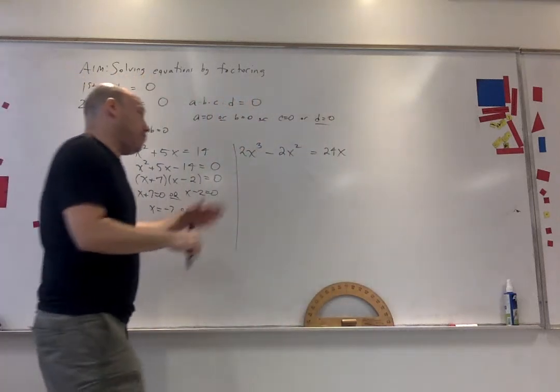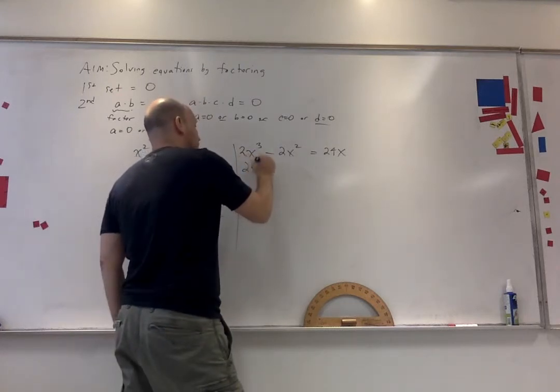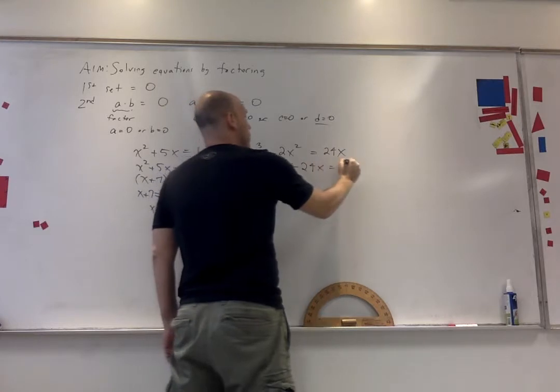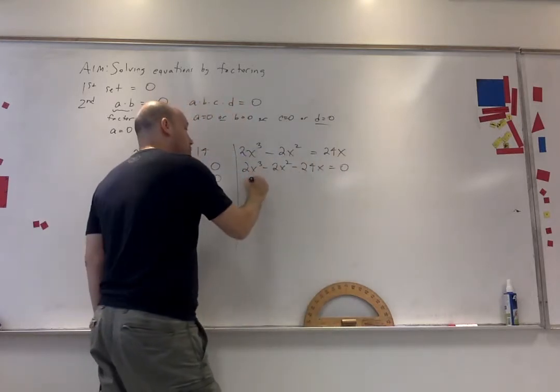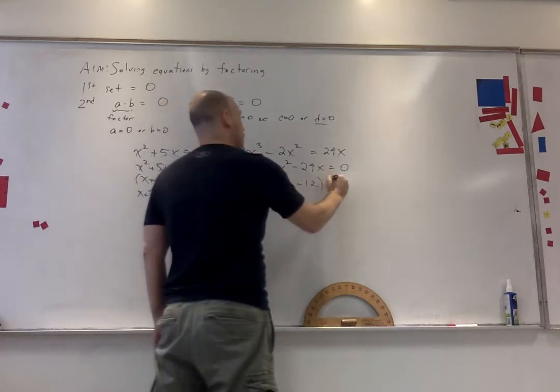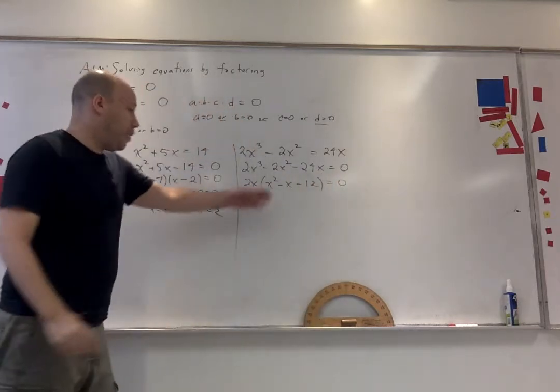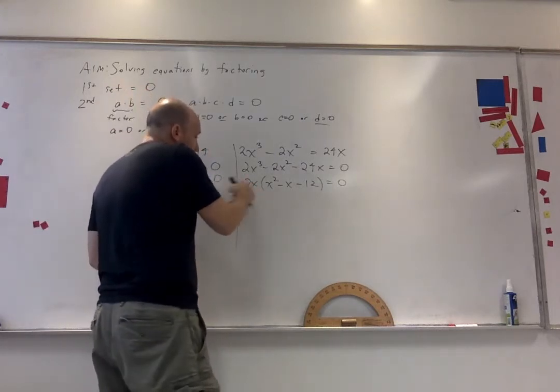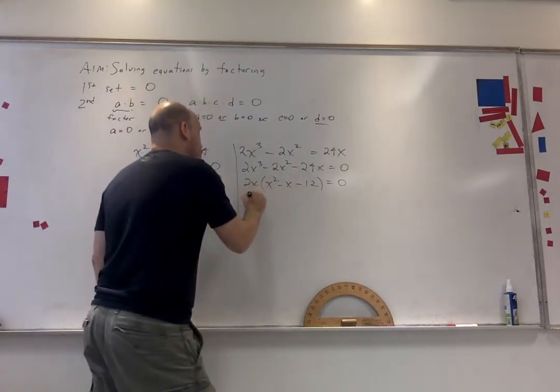And so, same idea. You set everything equal to 0. You factor out a 2x. You keep factoring until you're breaking it out. You're like, okay, we've got to have a linear and a quadratic. Let me factor some more.